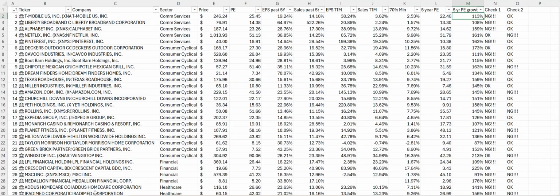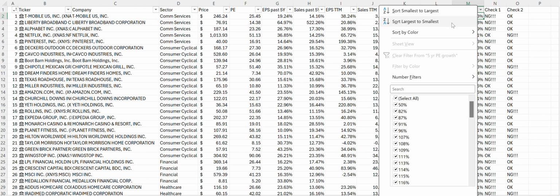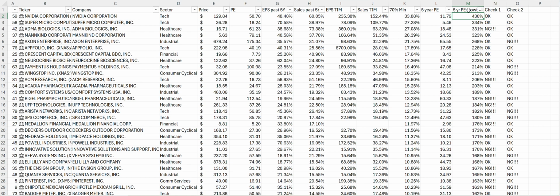This is the analysis that I've done. What I can do is rank from largest to smallest based on 5 year PE growth from 70% minimum growth of these four factors here.